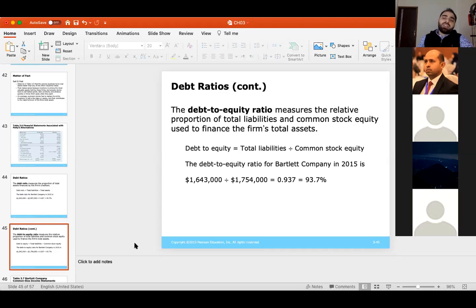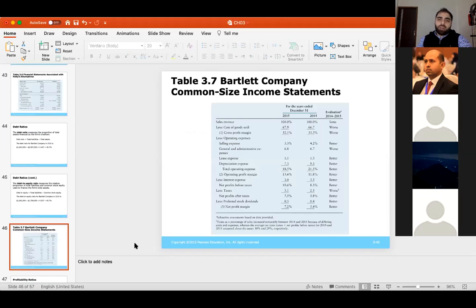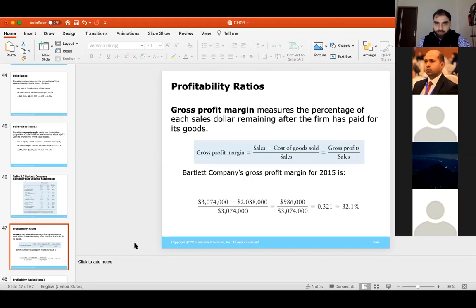If this ratio is greater than 1, then we use the total liabilities to finance our assets. But if this ratio is less than 1, then we finance our assets from the common stock or the owner's equity more.